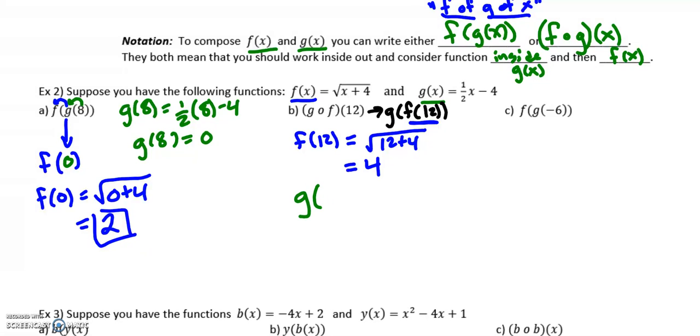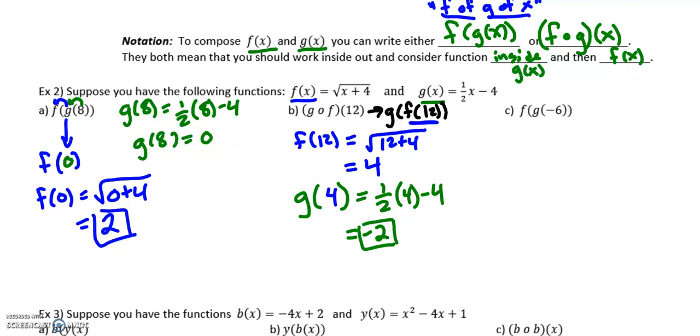So I have g of that 4. G of 4, and I figure out that's going to be 1/2 of 4 minus 4. So my answer is -2. So I'm just working inside, out.